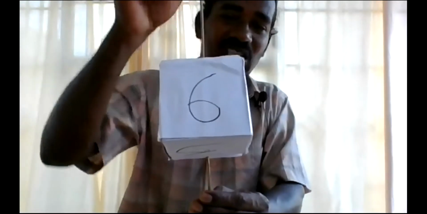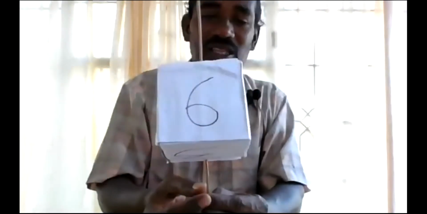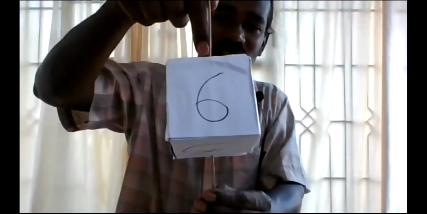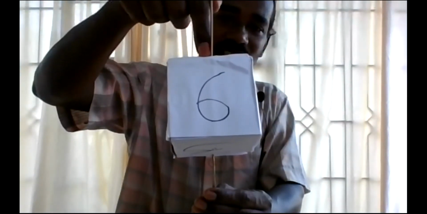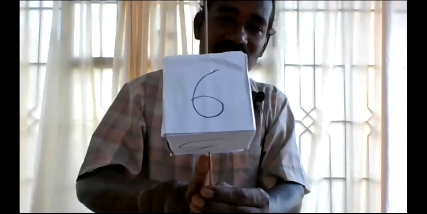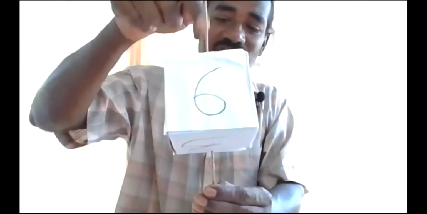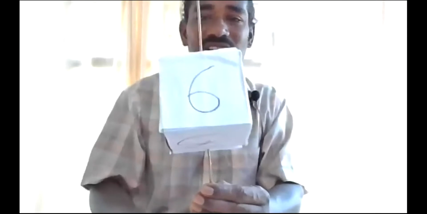That means this axis is passing through this edge center and its opposite edge center. That means this axis is passing through opposite edge centers.